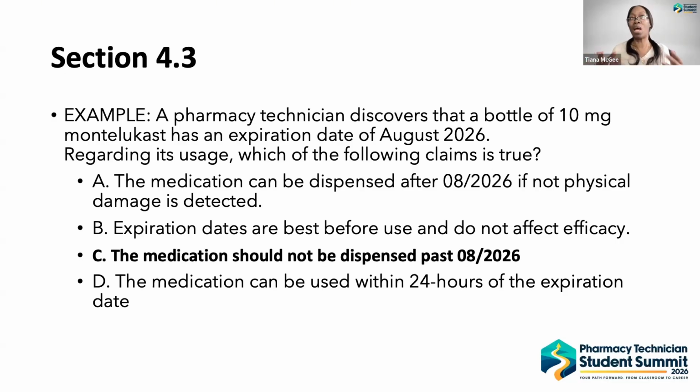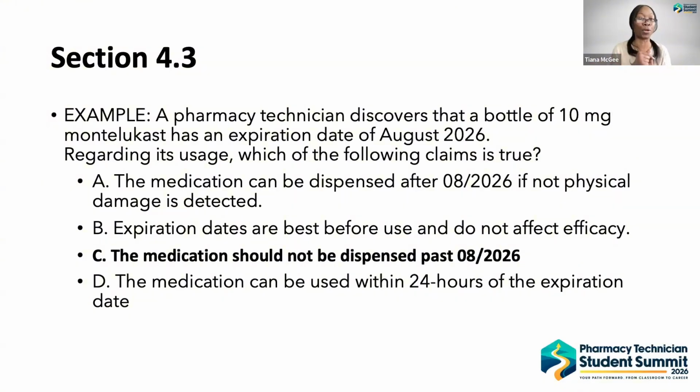When all else fails, if you just don't understand, ask your lead technician, ask the pharmacist, go to your reference book, and it will tell you. And then probably the pharmacist is going to trump everything, what they want to do in their pharmacy. So this month is April. August is in 4 months. This drug bottle probably would be pulled at the pharmacies that I worked at.